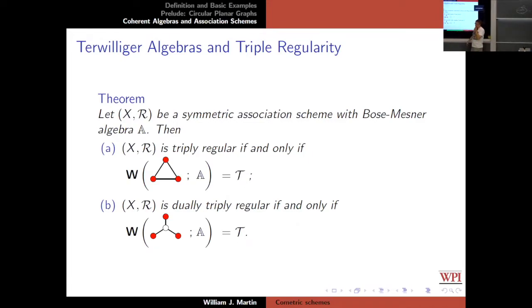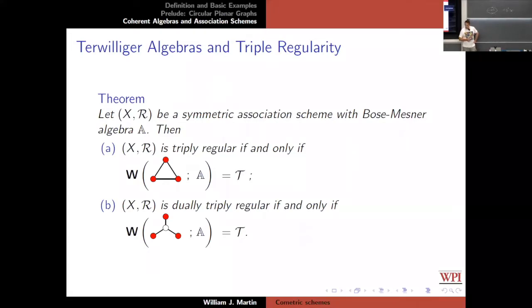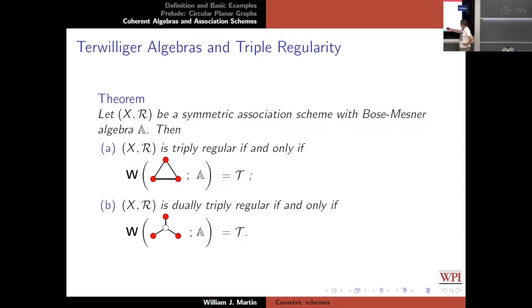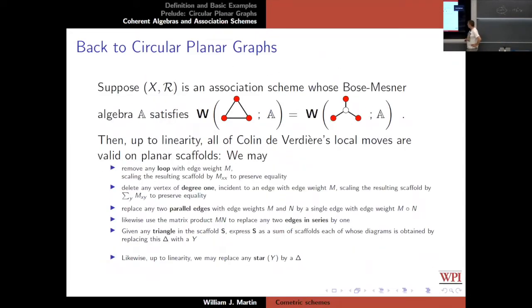If you swap the locations of all of the stars, then the module generated by A_i star should also be small, so I think it should also be dually triply regular. However, did you assume the diagram has at least 3? No, I don't have an assumption that the diagram has at least 3. Well, I did give you the proof of this, so let me come back to the paper and check if there's an assumption in there. Thanks. We'll discuss that afterwards.